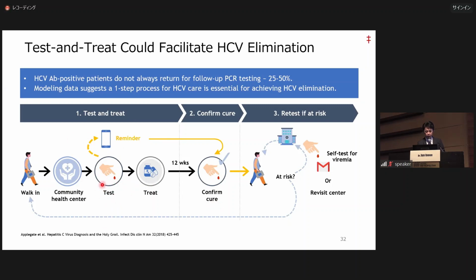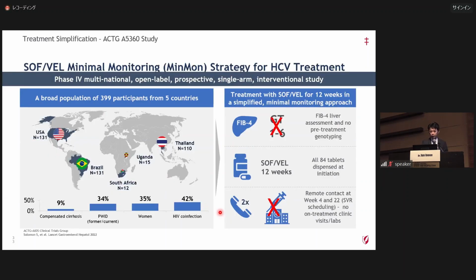In the first days, the test and treatment was started. And after SVR, just confirm cure after 12 weeks. In this report, using sofosbuvir, a minimal monitoring strategy was performed in these 5 countries.